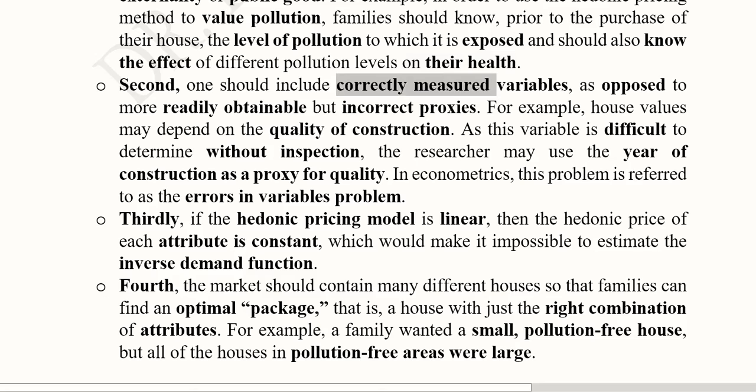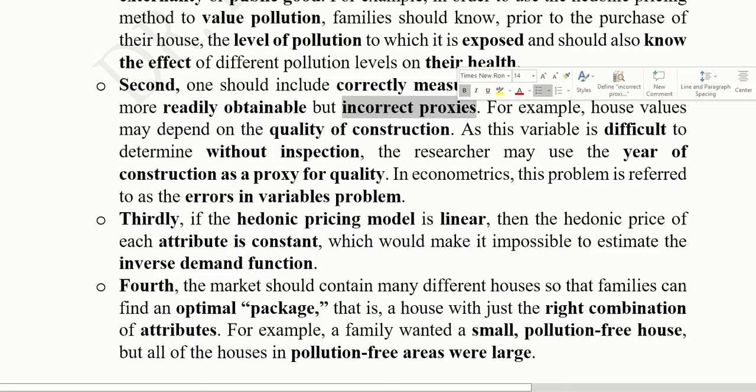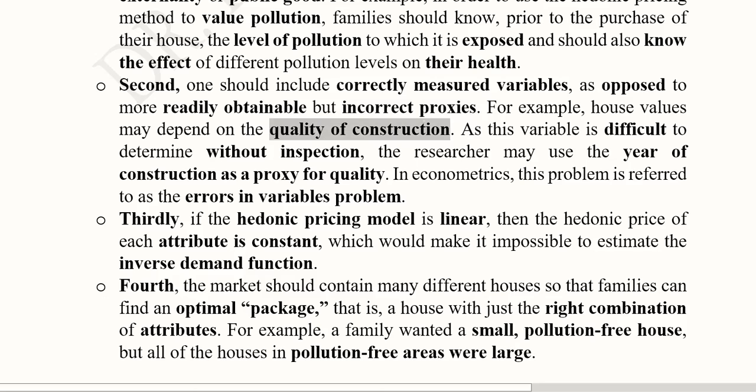Secondly, the correct measures should be used, and not those measures that are readily available, because they can become incorrect proxies. For example, the quality of the construction of a house, if this is to be assessed as a feature or attribute, is quite difficult to determine without an in-depth inspection of the house.